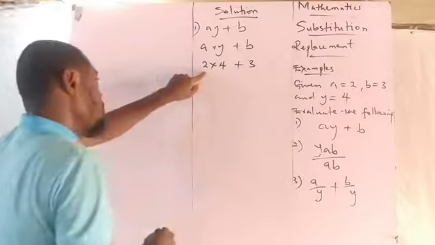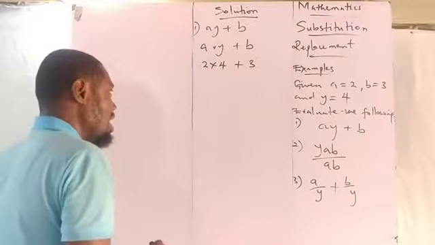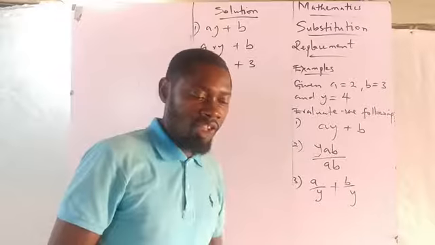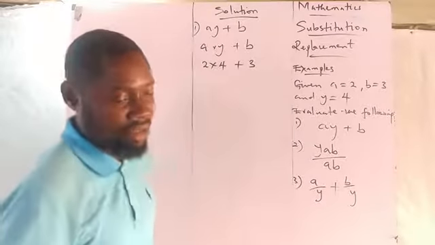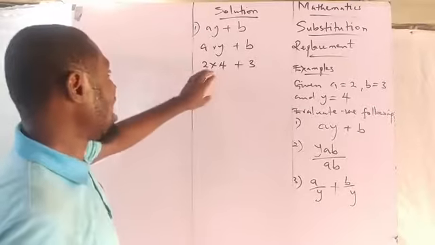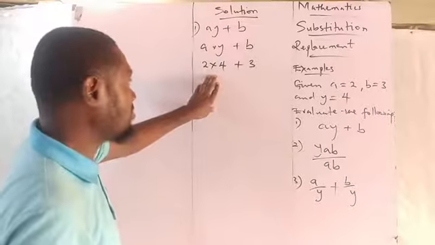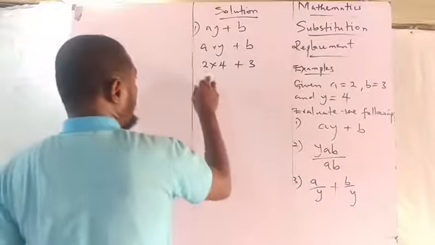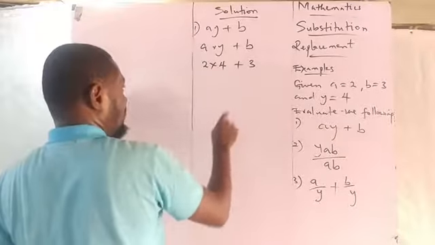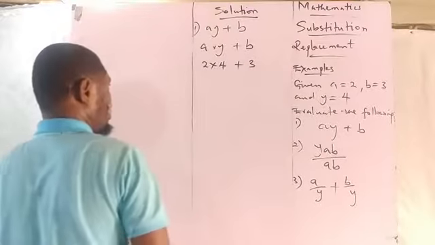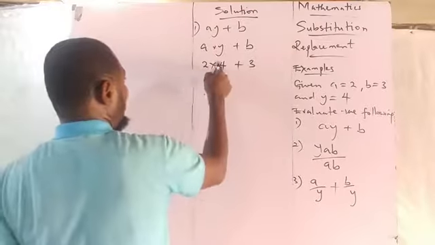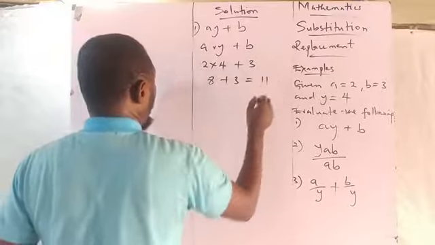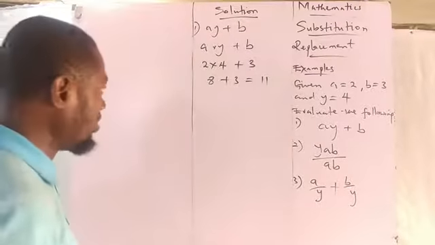So I have 2 times 4 plus 3. You've been taught BODMAS in your class, so that will help you. You multiply first: 2 times 4 is 8, plus 3 gives 11. So AY plus B is 11.